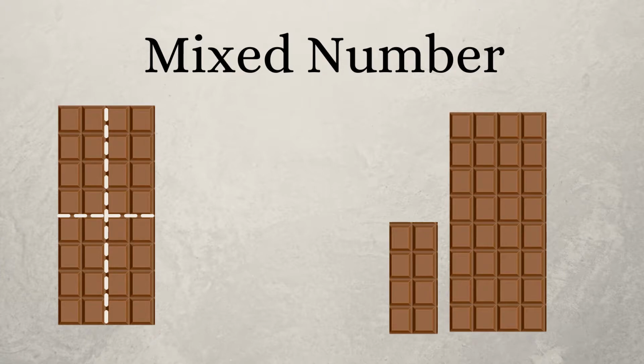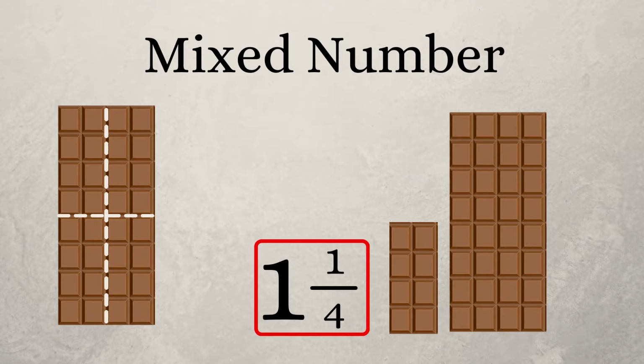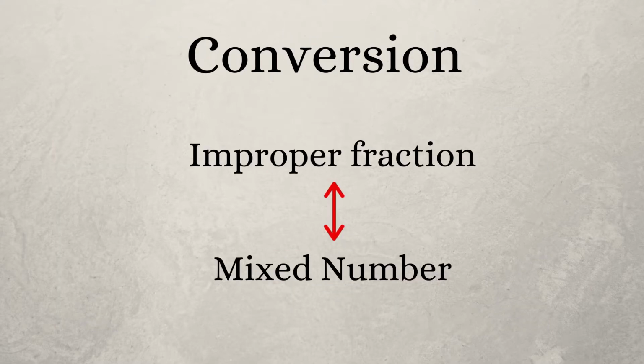Now we can say that we have 1 1/4 of the chocolate, which is expressed as a mixed fraction like this. And if you note carefully, mixed numbers can be converted into improper fractions and vice versa, which we will discuss next.